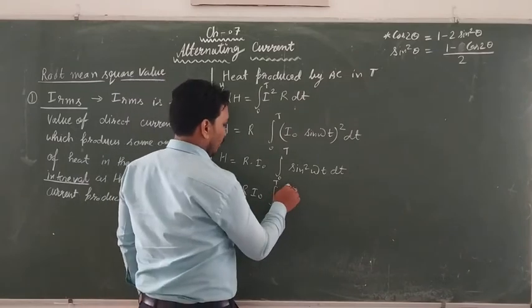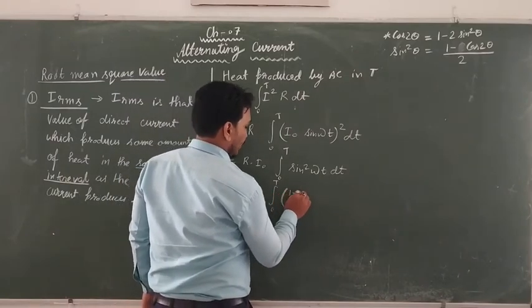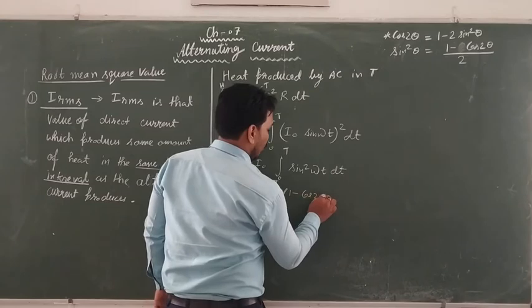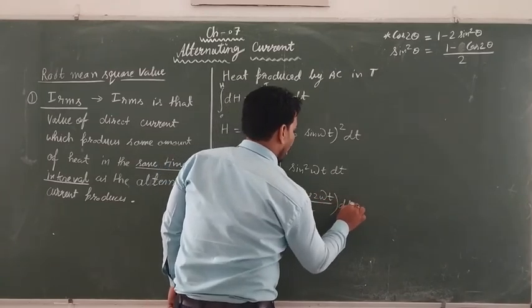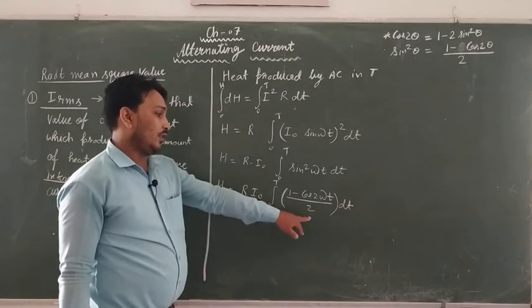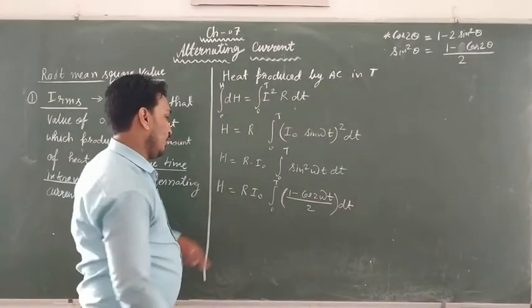So what are we going to have? (1 minus cos 2ωt) upon 2 into dt. Now this 2 has nothing to do with the integration. It is out of the integration.